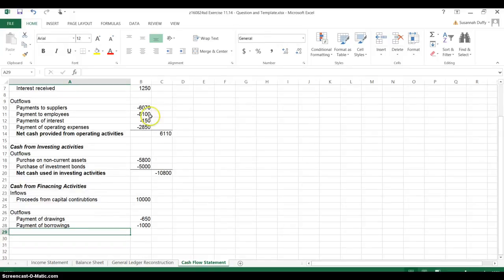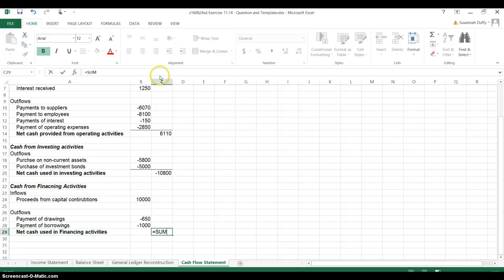Alright, and that is everything. So if we indent net cash used in financing activities. Okay. And again, it's just the sum of those two.